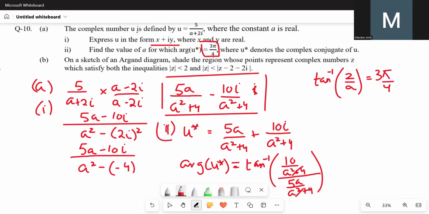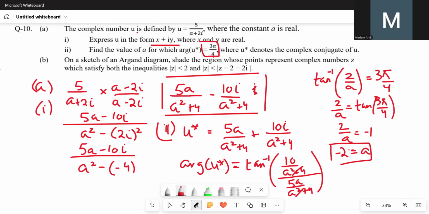This is already known, 3 pi by 4. Send tan to the other side, so we get 2 upon a equals tan 3 pi by 4, which is -1. So a is equal to -2.